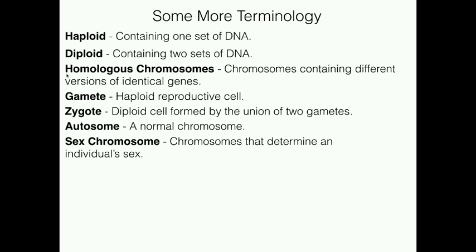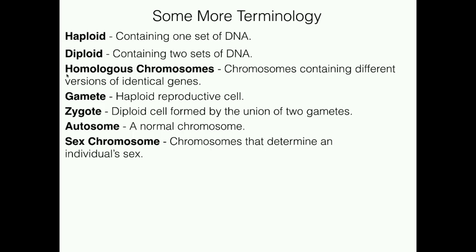So, for instance, if one chromosome has genes for hair color and eye color and nose shape, then the other homologous chromosome will also have genes for hair color, eye color, and nose shape.